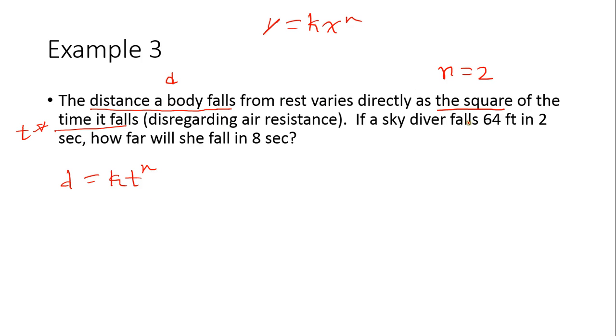It says a skydiver falls 64 feet in 2 seconds. So we have to solve for k first.